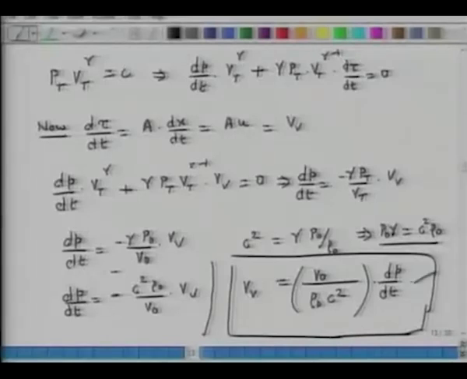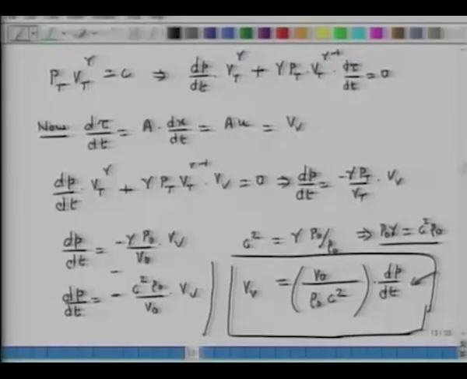The other thing is that as we were developing this relation, we did not use the one-dimensional wave equation very explicitly. We did use, in the case of an open tube, the one-dimensional equation. In this case, we had made one single assumption, that the length of the tube is less than lambda over 2 pi.